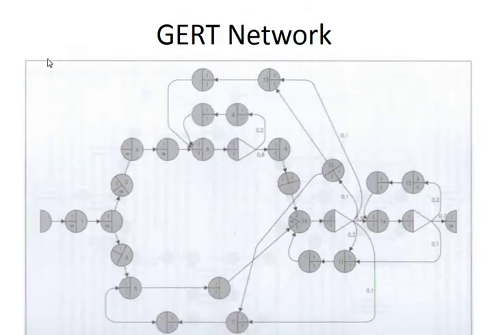It seems complicated, but the thing is that you have different paths, and depending on a particular task, you go fast, you go farther, or you get back and you go farther. So there can be many different results, and the thing is that you want to calculate the probability and the probable length of the project.